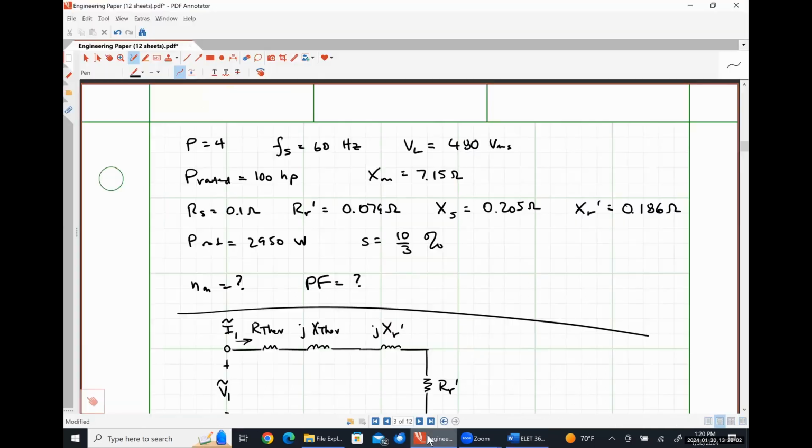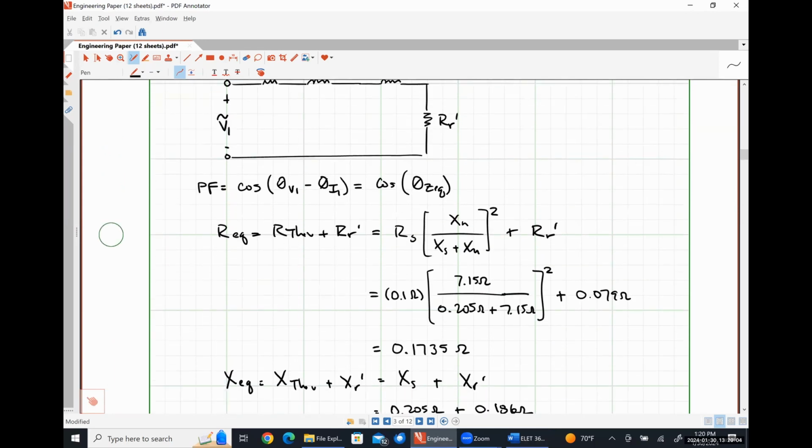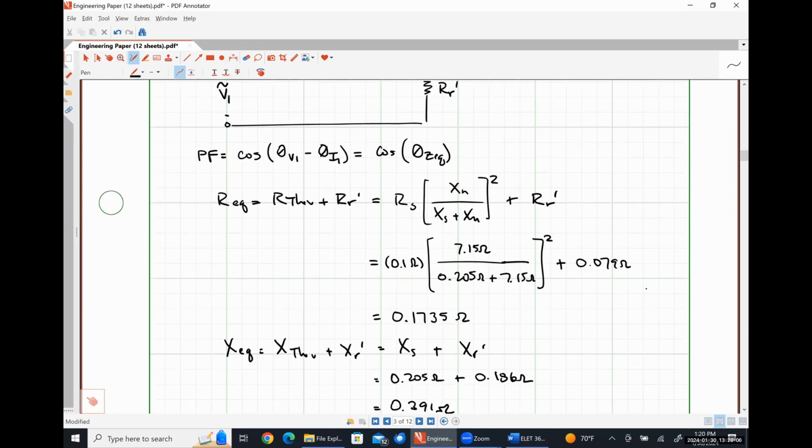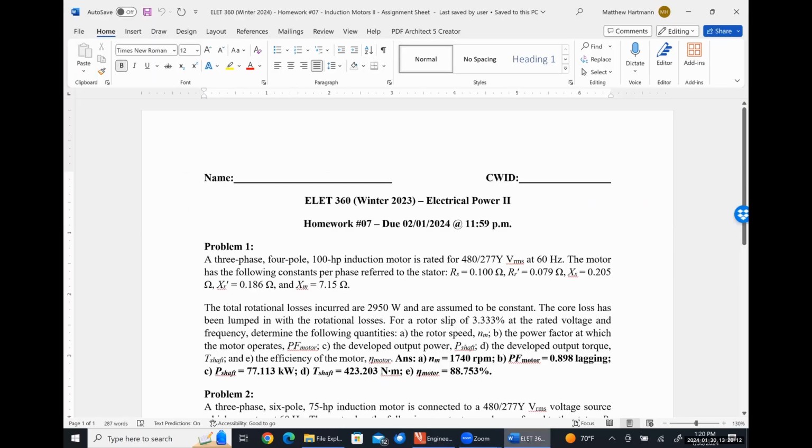Let's look. Nope, that seems okay. Store that as X. 0.205 plus 0.186, store that as Y. X plus Y gives me that number.